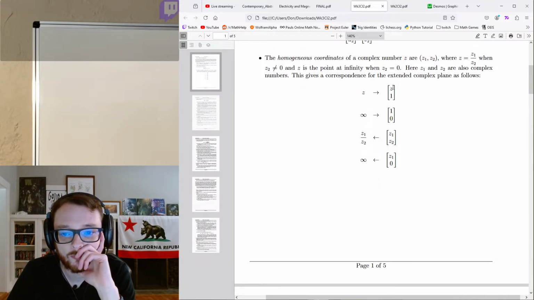So Z maps to Z1, infinity maps to 1, 0. Z1 over Z2 maps to Z1, Z2. Z1, 0 maps to infinity.